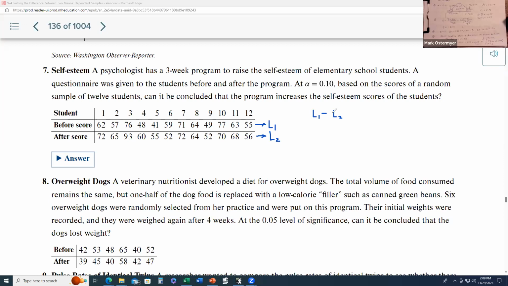Well, if we want this self-esteem program to be doing its job in increasing the self-esteem of these kids, we want this difference to be what? Less than 0. In other words, we want the self-esteem scores to be lower before they take this self-esteem course than after they take the self-esteem course.